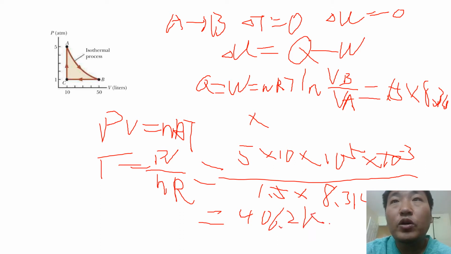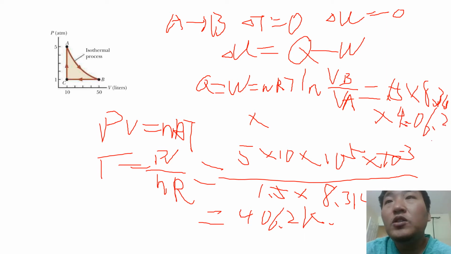And plug this number in here. So 1.5 times 8.314 times 406.2 Kelvin times the log of VB to VA.